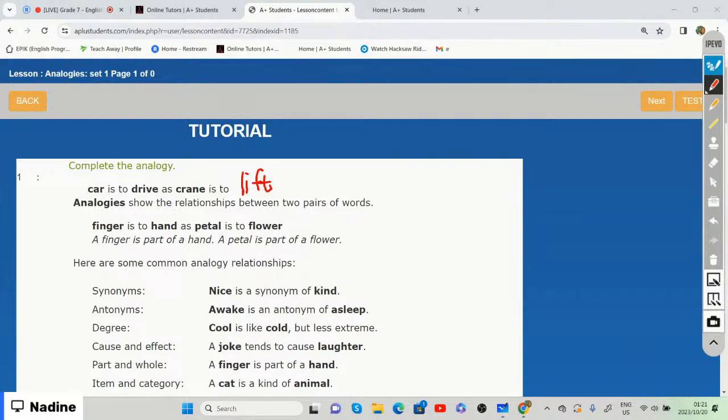Because a crane lifts things. Yes, beautiful. A crane lifts. So that is the purpose of a crane. The purpose of a car is to drive, and the purpose of a crane is to lift. So that is the relationship between a crane and its purpose is to lift.